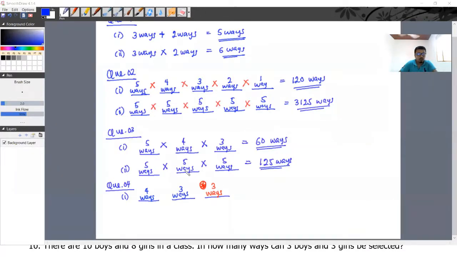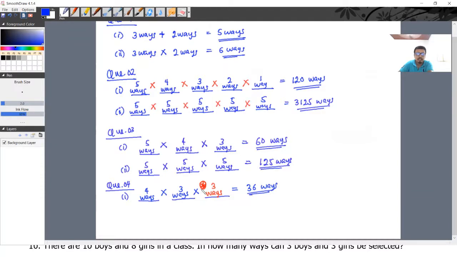We are going to form a 3-digit number, so we need a digit here, a digit here and a digit here. So how many possible options are there? 4 into 3, 12, 12 into 3, there should be 36 ways.